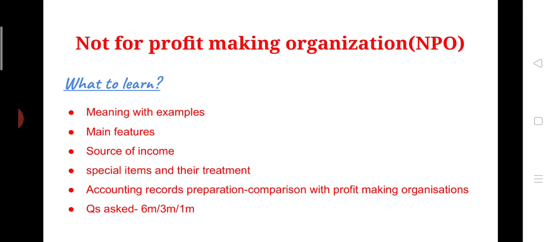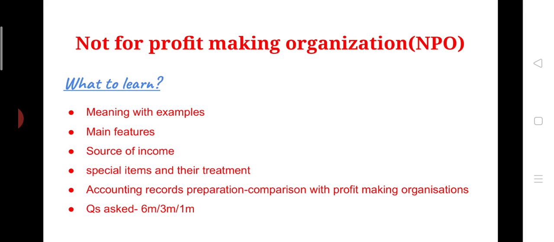Today we are going to start our new session with the new topic for class 12, which is called not for profit making organization, in short NPO.